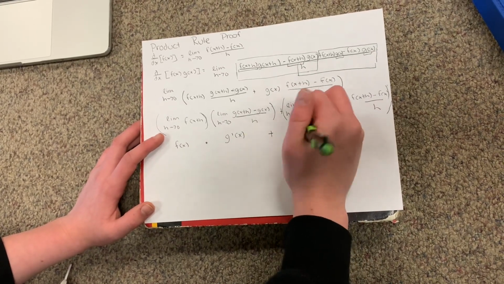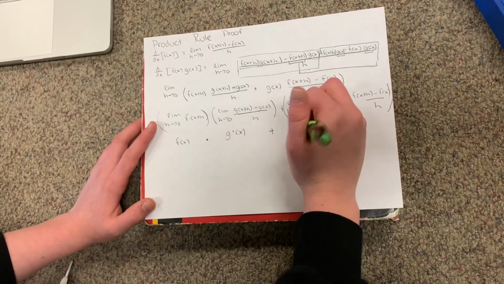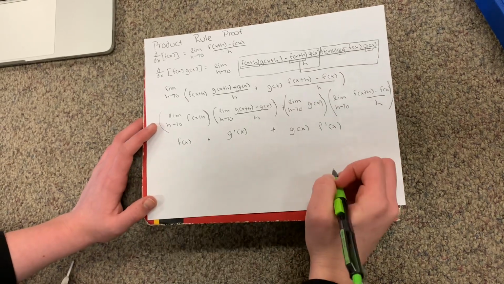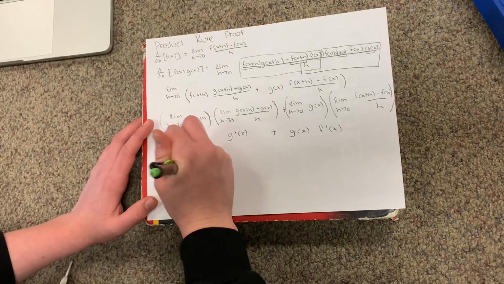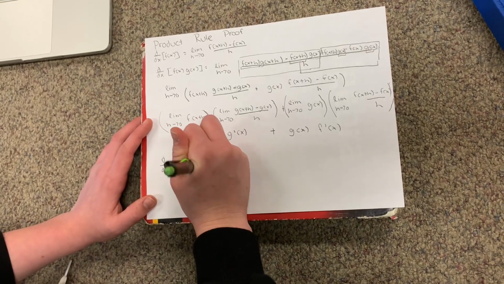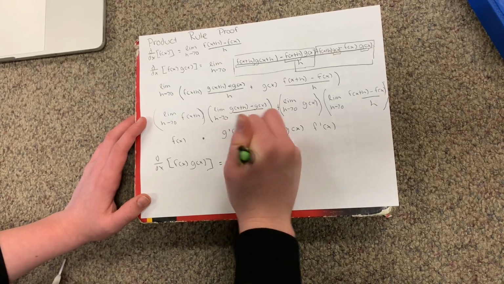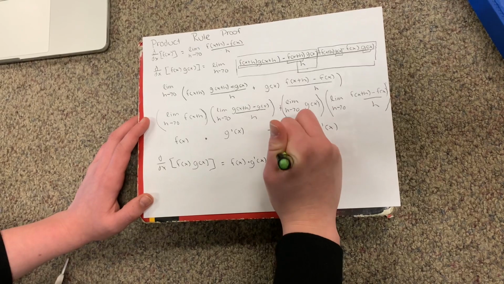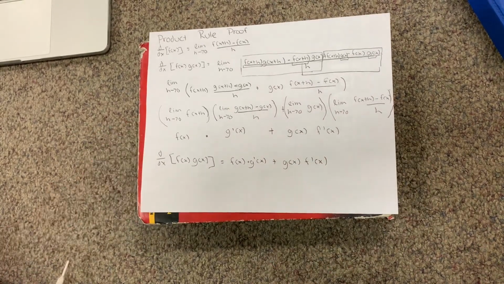This one is just equal to g of x, and then that's just the definition of derivative again, so it's times f prime of x, and that's the product rule. d over dx of f of x times g of x is equal to f of x times g prime of x plus g of x times f prime of x. And that's the proof.